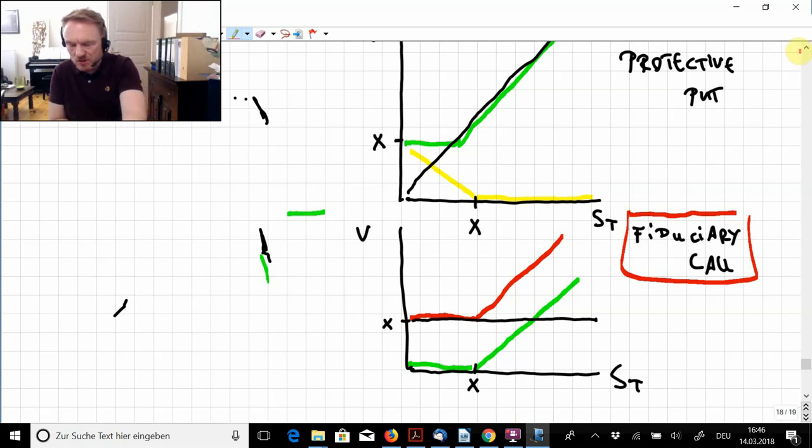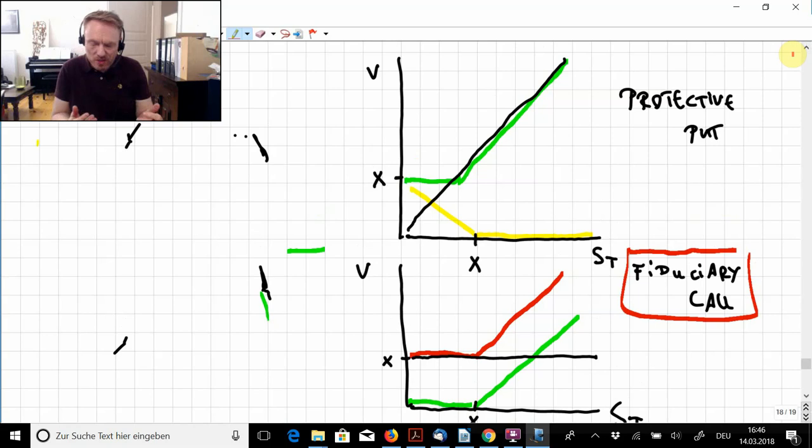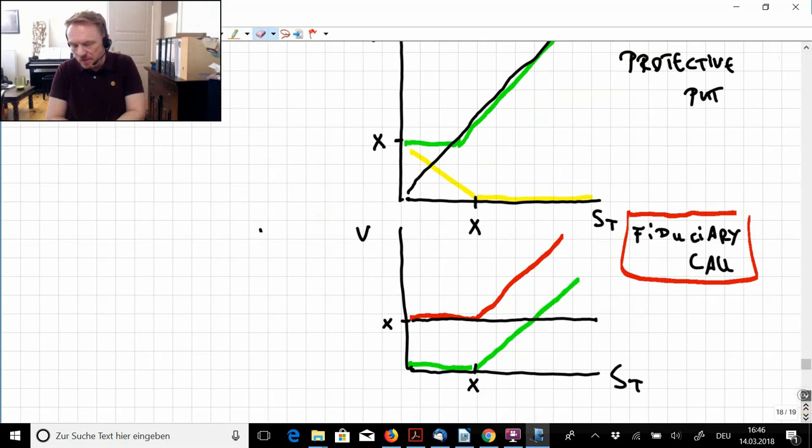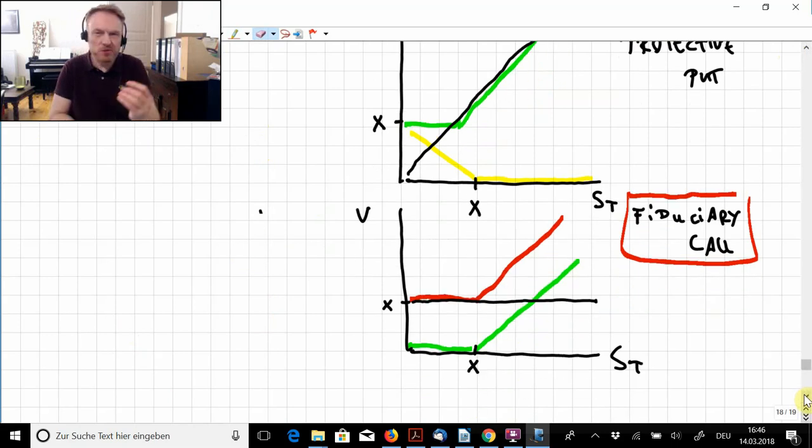Now what's astonishing about it is that the protective put, denoted with the green line, as well as the fiduciary call, denoted with the red one, have the same value at time T. Two things giving us the same value at time T need to be equal today as well. That's important. If two strategies give the same value at time T, they of course have the same value right now at time 0.